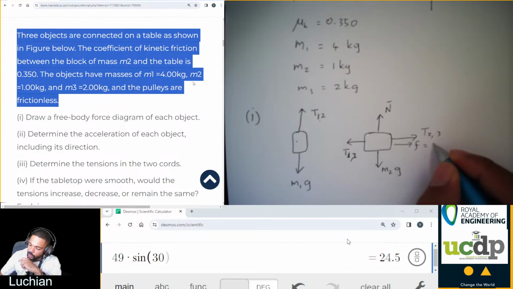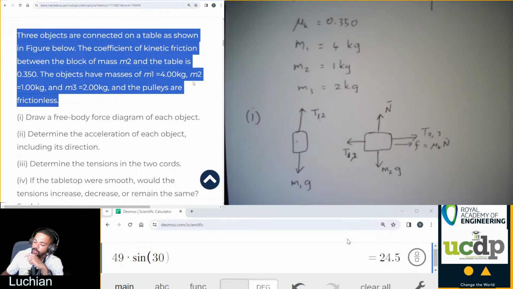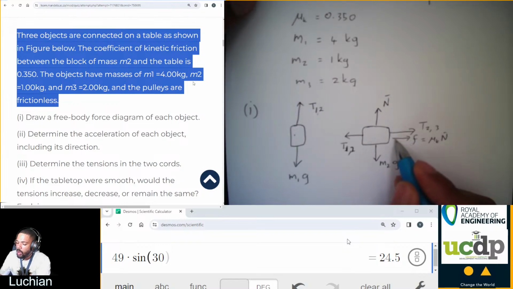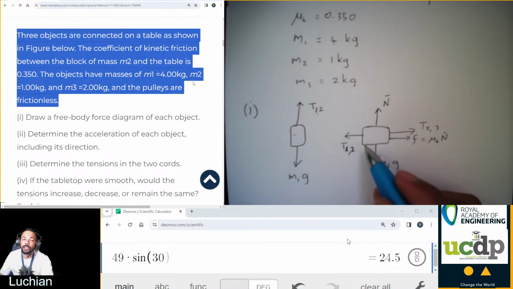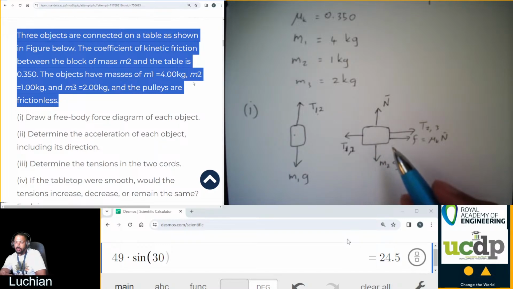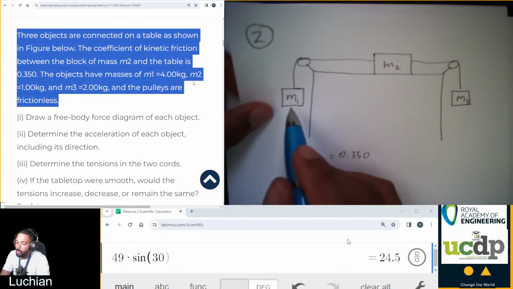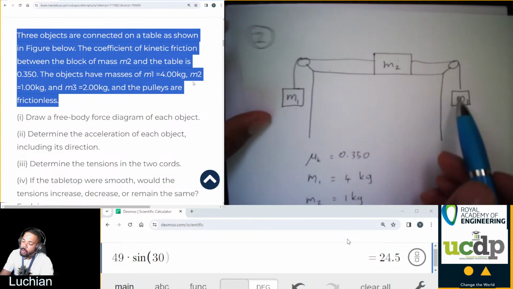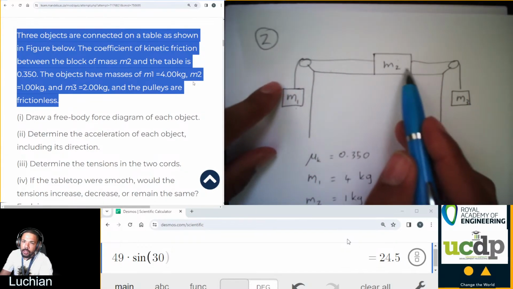So the friction is just mu k times the normal force, since we don't know what the friction is. But can you guys answer me why I have drawn the friction on this side and not on this side? Remember, they just say there's friction. In this case, block M1 is heavier, it is 4 kilograms. So I am assuming this whole system is sliding this way.